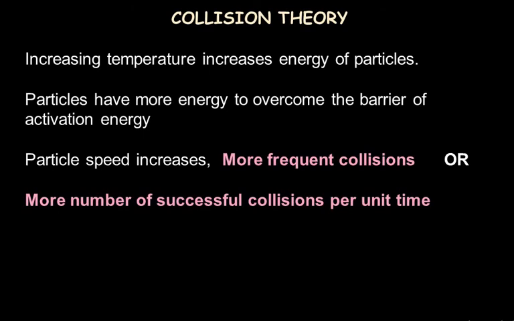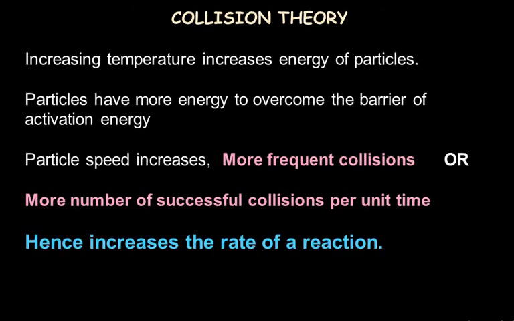A successful collision means a collision among the reactant particles which ends up forming the products. So increasing the temperature will increase the energy of the reactant particles, which will move with a higher speed, and so more successful collisions per unit time will occur, and hence the rate of reaction increases. So increasing the temperature is going to increase the rate of reaction.